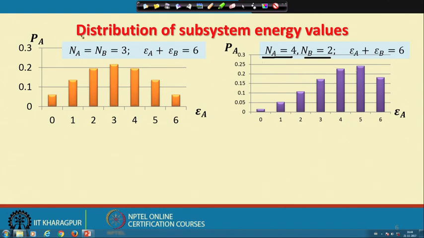So, what is the difference between the first system and the second system? Here there was an equal distribution of oscillators in the two subsystems, and here I see an unequal distribution of oscillators between the subsystems A and B. So, what is the result that we see in the distribution function of P as a function of epsilon A?